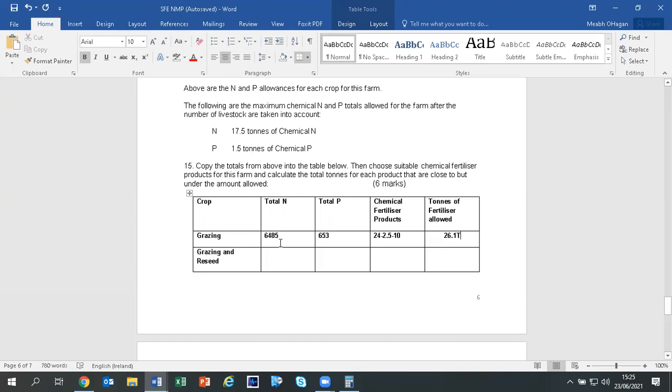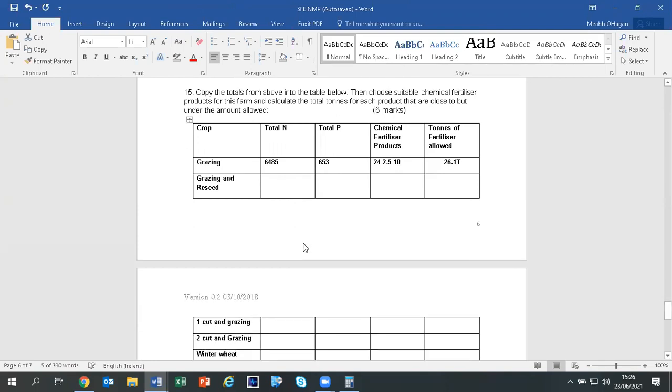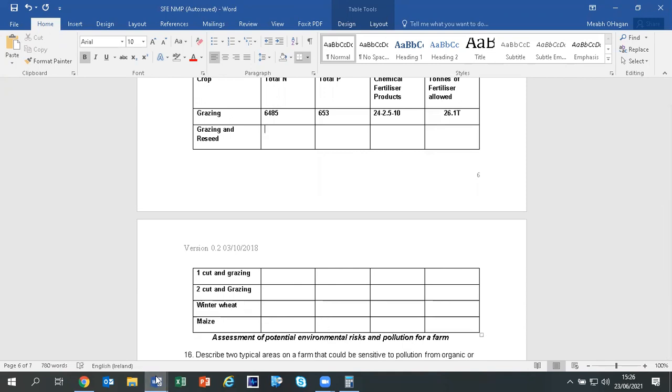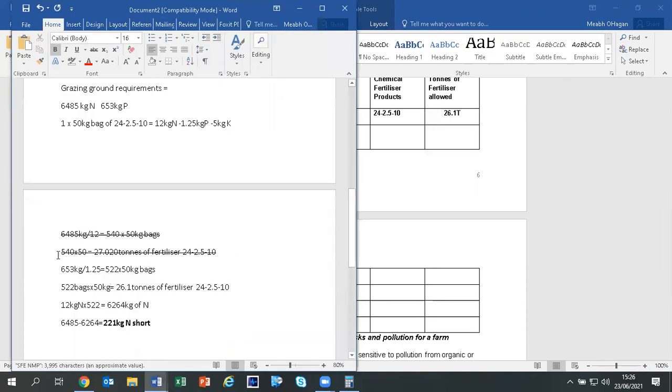Now, in this scenario, we are slightly short on our nitrogen. I wouldn't worry too much about that for the time being, because we also need to ensure that we are not exceeding our 17.5 tons of chemical nitrogen. So if, for example, we proceed and fill in our grazing and reseed, our first cut and grazing, second cut and grazing, winter wheat and maize, we will need to add up the totals for how much nitrogen has been spread.